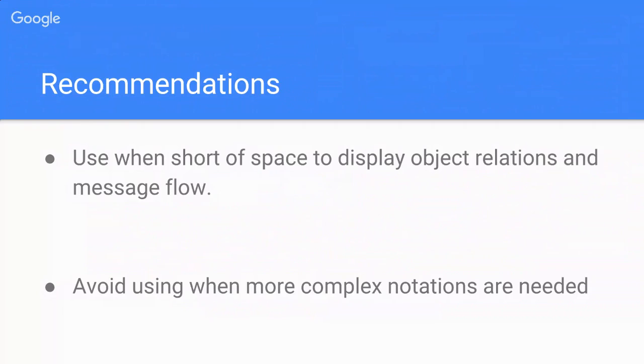And another recommendation is if our notations on the diagrams need to be more complex, more description or whatever is needed, we should avoid using UML communication diagrams. Maybe use sequence or something with more better notations.